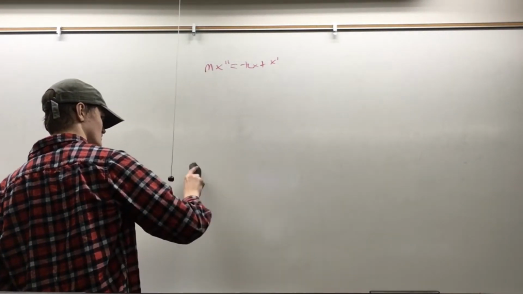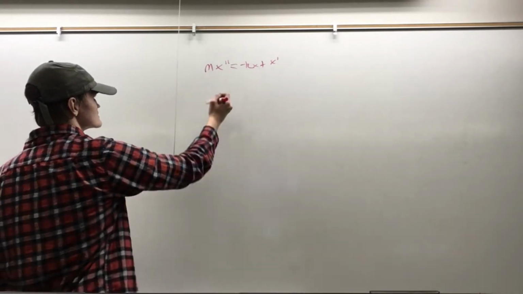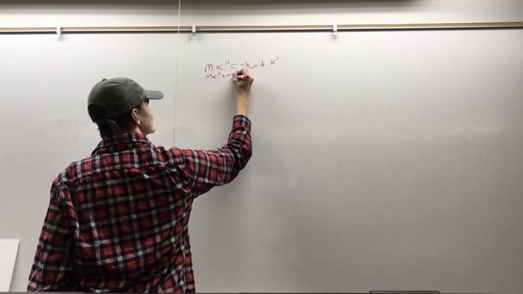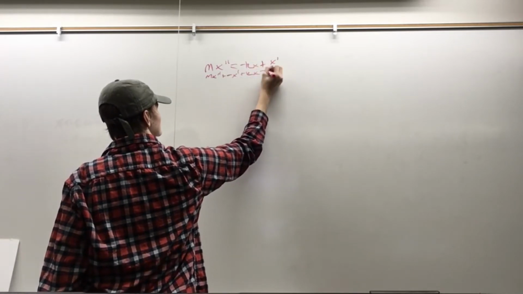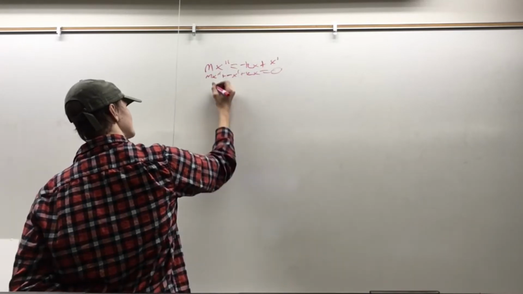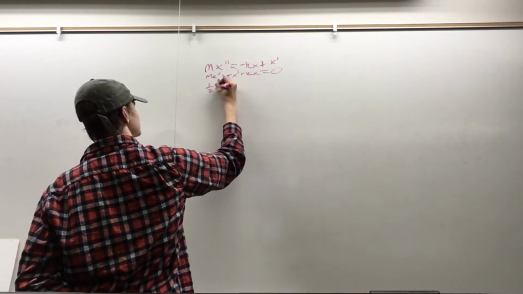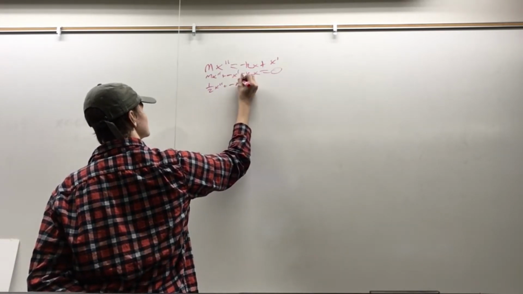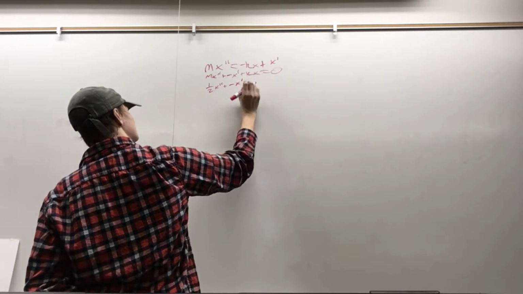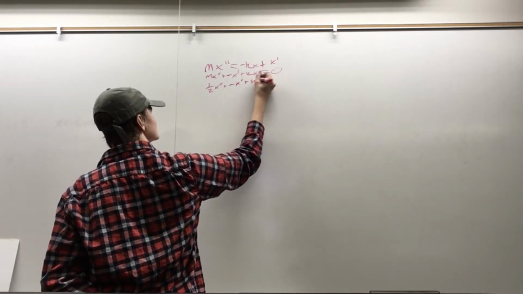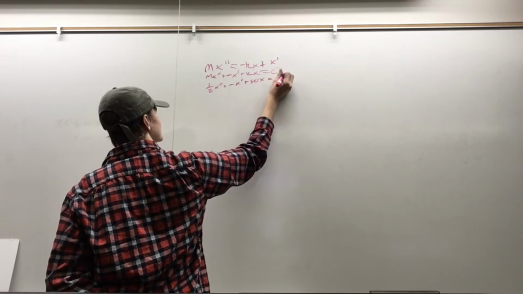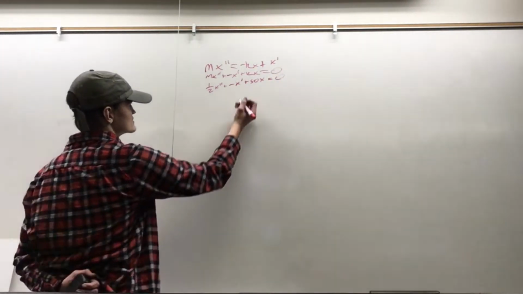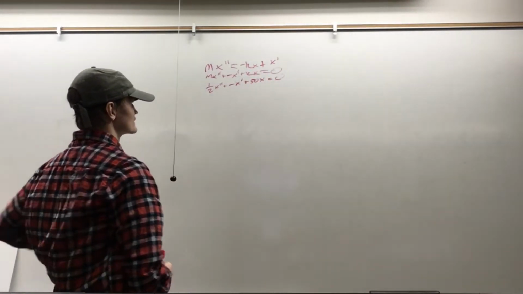Let's write that out as x double prime plus x prime plus kx equals 0. You can plug in 1/2 kilograms for the mass, and we can plug in 50 for K.